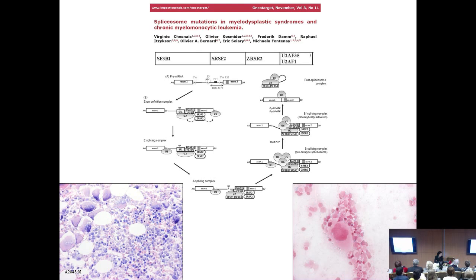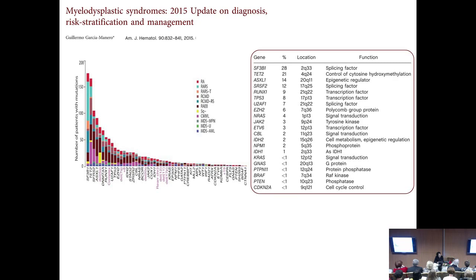For this, the RNA has to be spliced, and there are a couple of splice factors. These splice factors listed here, SF3B1, you have heard already, is mutated in MDS with ring sideroblasts. SRSF2 and U2AF1 and 2 are frequently mutated in MDS.